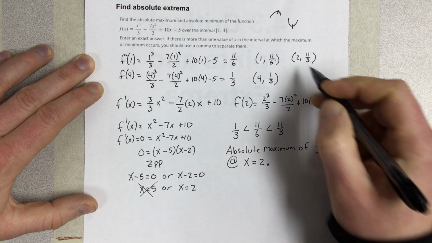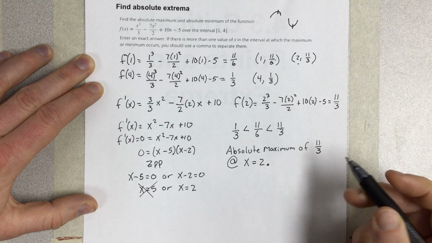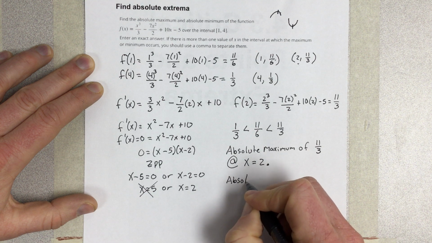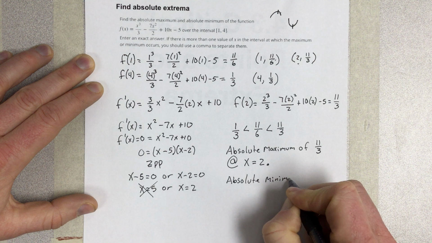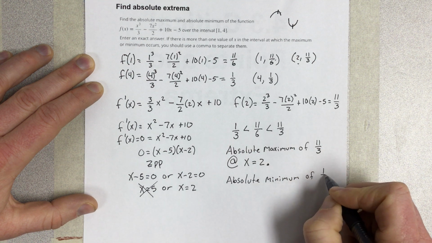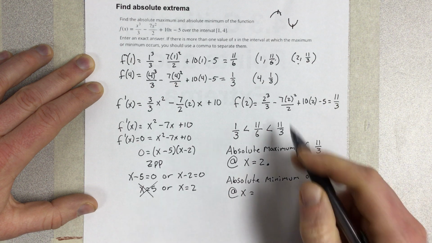So I'm basically just writing this coordinate out and saying that the absolute maximum is 11 over 3 at x equal 2. And then we can say that we have an absolute minimum of 1/3, and that occurs at x is equal to 4.